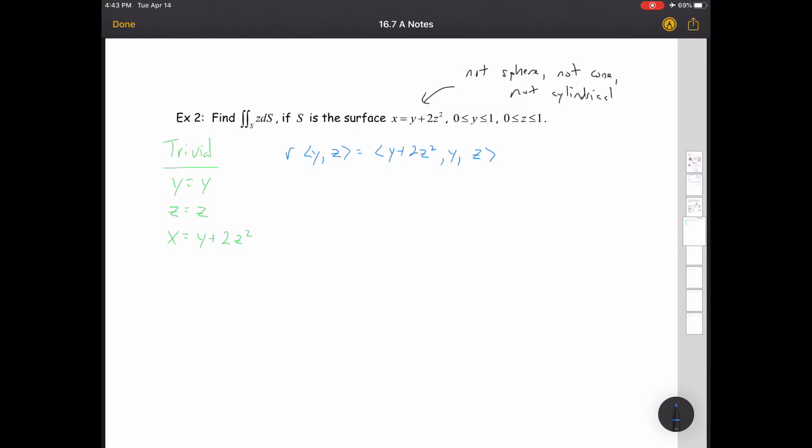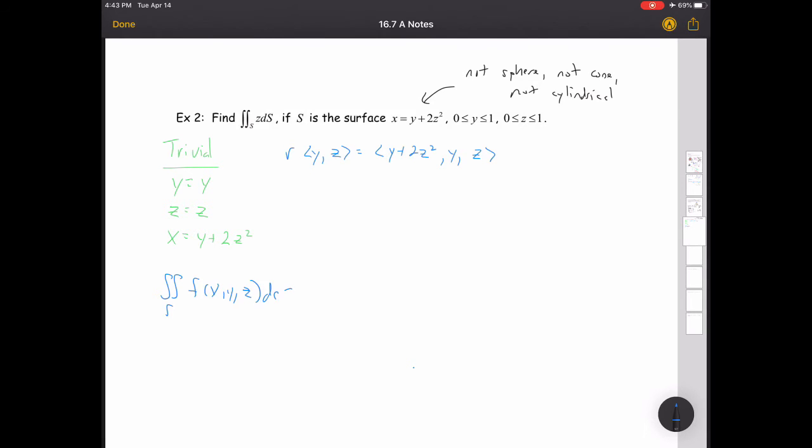Okay, and we needed to do that because we needed to parameterize this thing. And then we're going to be able to reduce the double integral over a surface to the double integral over a domain. But remember, the domain is going to be what it takes for y and z to create the surface. So we're going to have the double integral over S of some function of x, y, and z, dS.